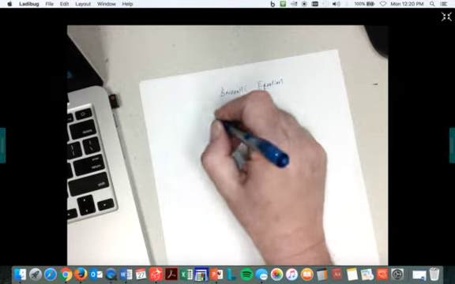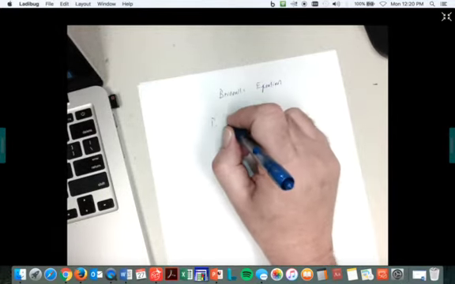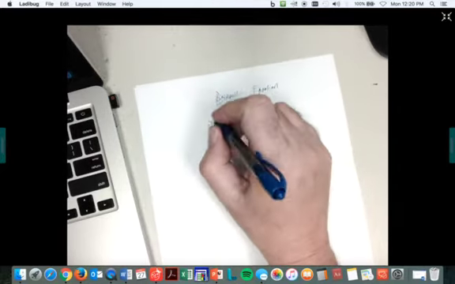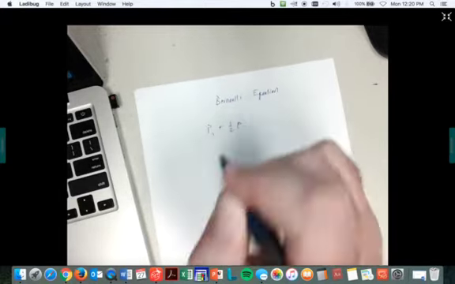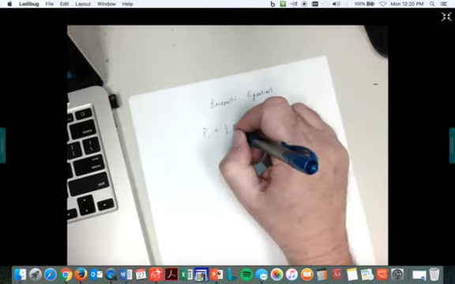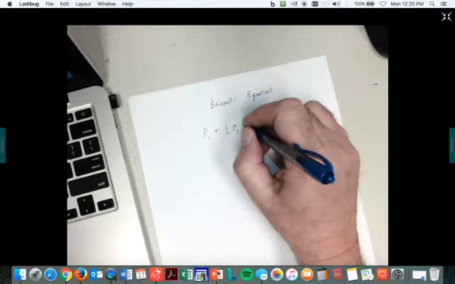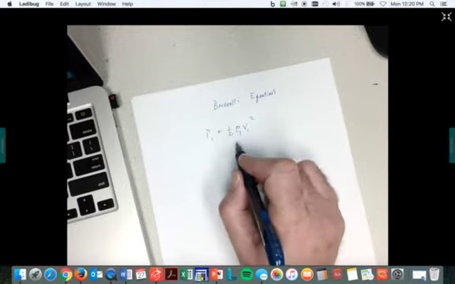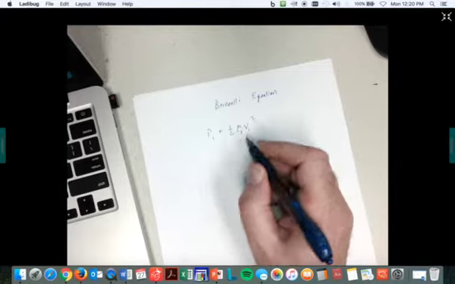So it says this: the pressure on one object in a system, P1, plus 1/2 the density of the air or water times V1 squared. Boy, doesn't that look like 1/2 mv squared? You got it. It's the same thing.